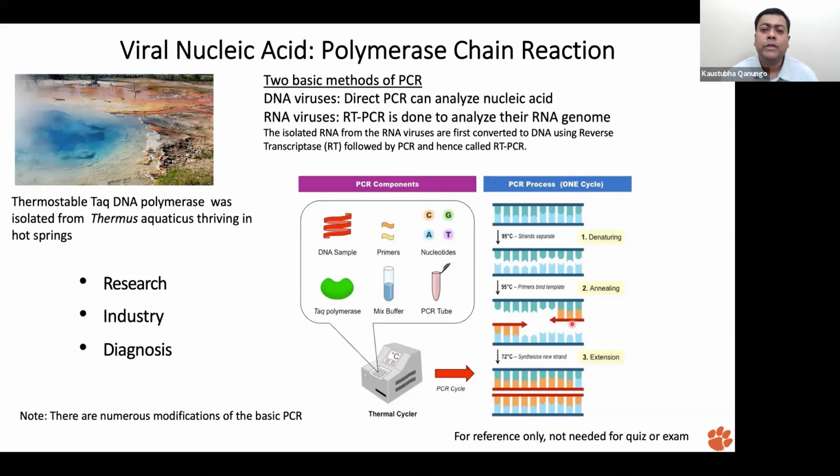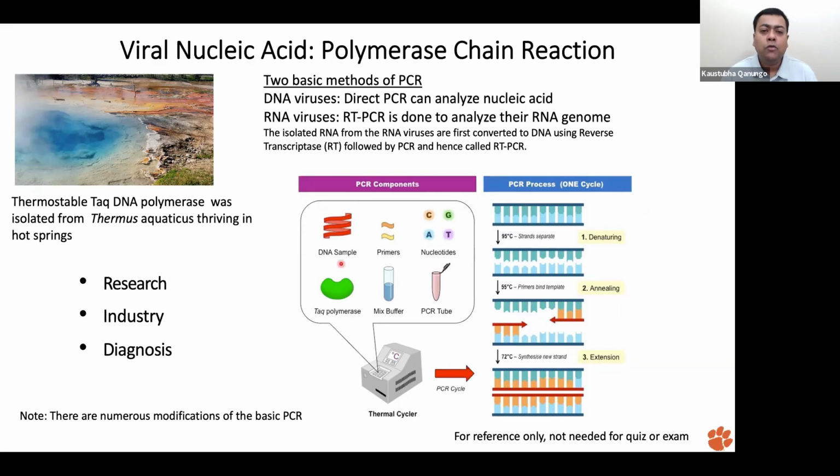You amplify their genetic material and detect it by some means. This could be fluorescently tagged nucleotides, or classically you run the products on a gel and look at them.